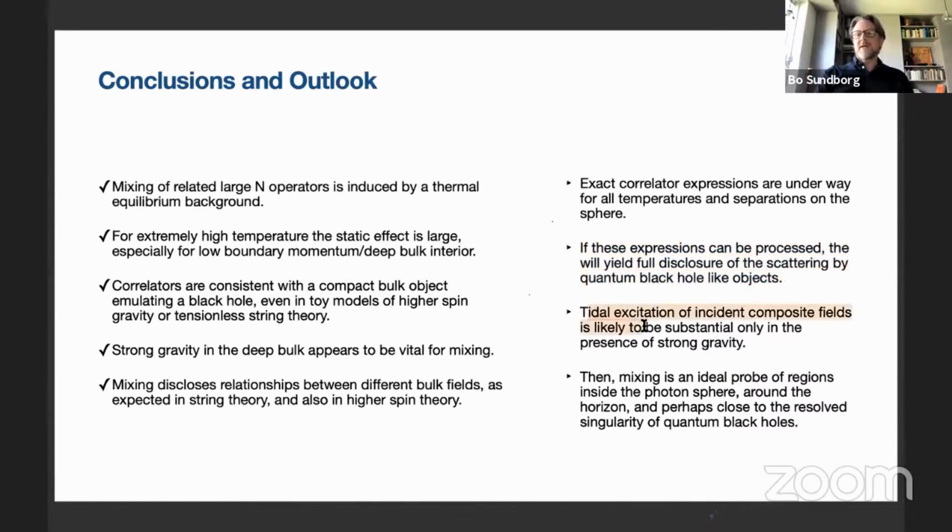And the tidal excitation of the incident composite field is likely to be substantial only in the presence of strong gravity. So I would say that mixing is an ideal probe of regions inside the photon sphere, around the horizon, and perhaps close to the resolved singularity of quantum black holes.